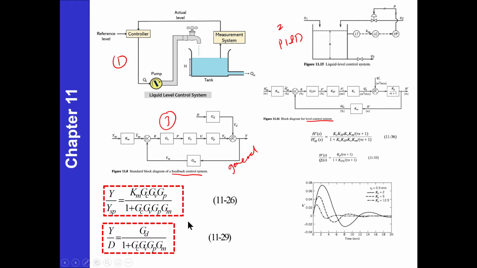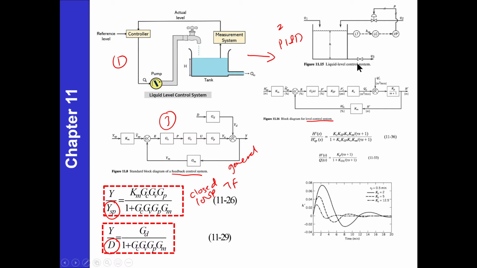And then here we have equation 11.26, called the closed loop transfer function. Both are closed loop transfer functions, one for the set point, one for the disturbance. So what happened here is when you have a process, we draw an instrumentation diagram or P&ID diagram.